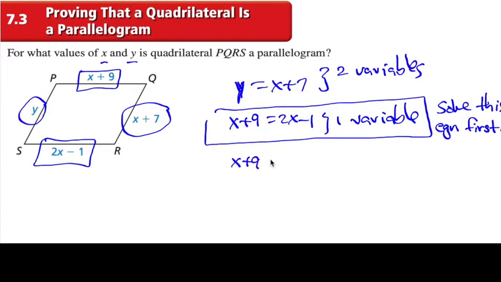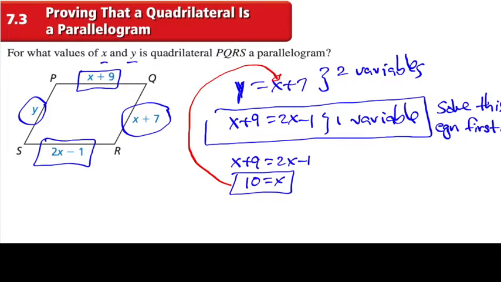So x plus 9 equals 2x minus 1 becomes 10 is equal to x. And once we know that 10 is equal to x, we can take that and plug it into the x of the other equation. 10 plus 7 gives us 17, so now we know that y is equal to 17.